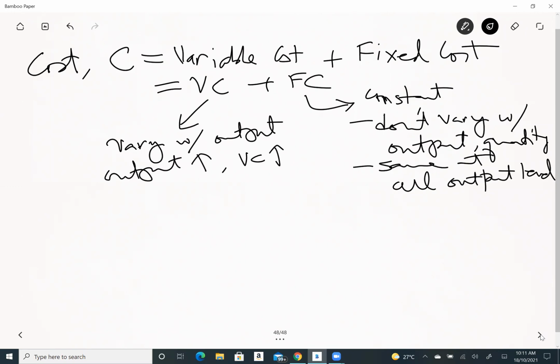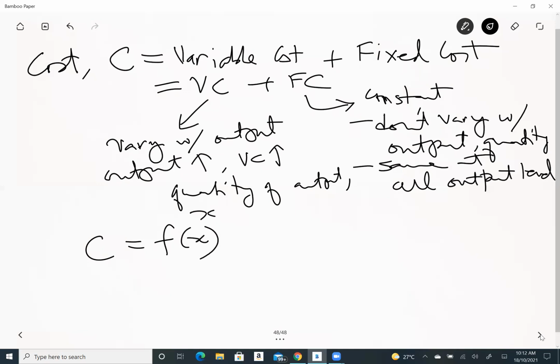So that cost will always be increasing, at the most stable. But we just say variable cost increases with output. So let us denote the quantity of the output as X, just like the one we are using for the revenue. So cost is a function of X.